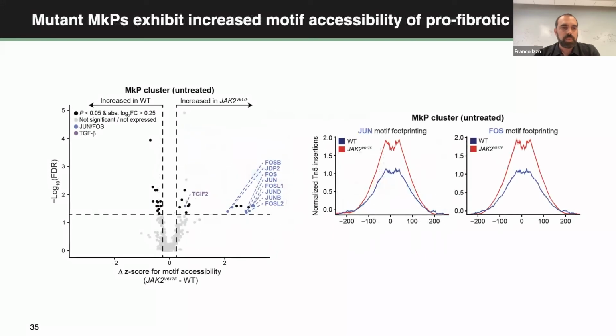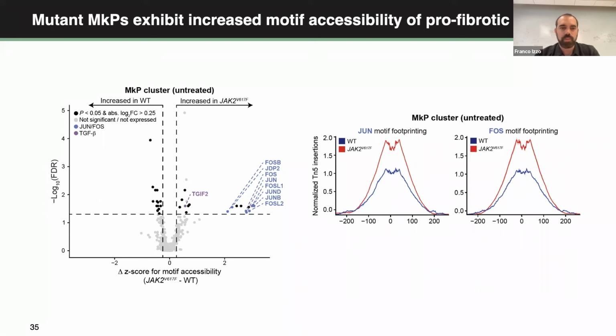So finally, we wanted to look into the megakaryocyte progenitors, MKPs, because these are linked to the profibrotic environment in myelofibrosis. So we performed differential motif accessibility analysis, and that revealed, again, a cell intrinsic pro-inflammatory phenotype that is restricted to Jun and Fos motifs, in contrast with the more broader phenotype that we saw earlier in HSPCs.